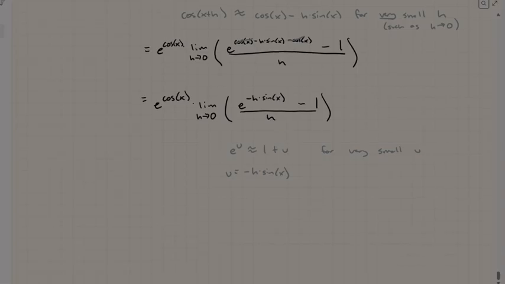And so then e to the negative h times the sine of x, that's like our e to the u expression. That's like saying 1 plus negative h times the sine of x. And so we can substitute that in for this.